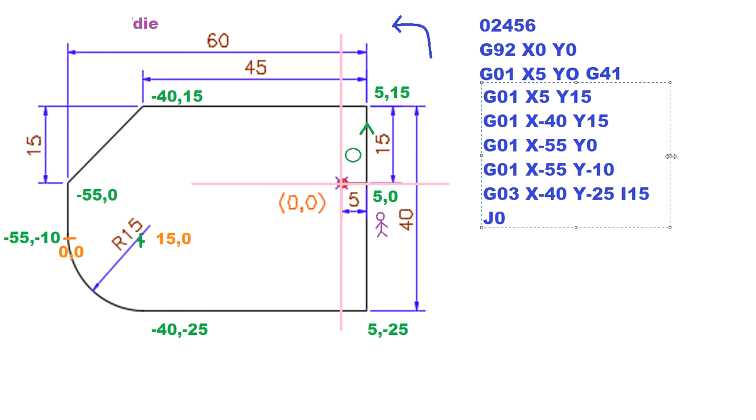I repeat one more time. I represents X and J represents Y. And then we continue with linear interpolation from this point to this point, G01 X5 Y minus 25.